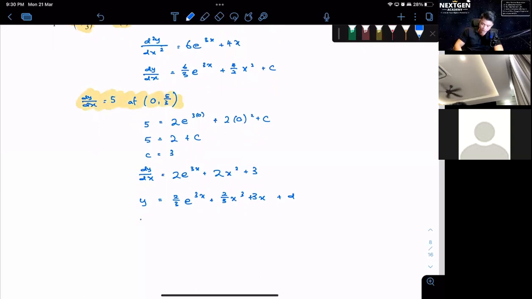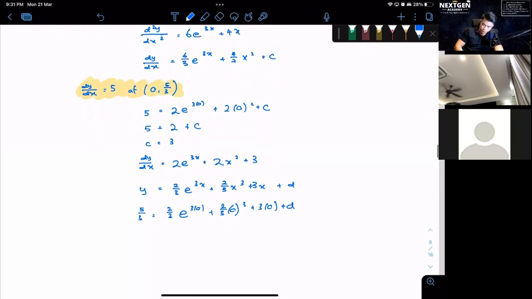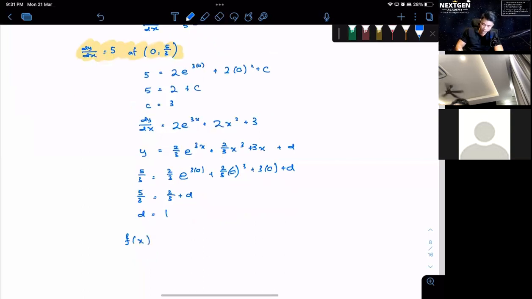So 5 over 3 equals 2 over 3e to the power of 0 plus 2 over 3 times 0 cubed plus 3 times 0 plus d. Okay, 5 over 3 equals 2 over 3 plus d. Therefore, d is equals to 1. So my final f of x, which is the y, is 2 over 3e to the power of 3x plus 2 over 3x cubed plus 3x plus 1. This will be my final answer.